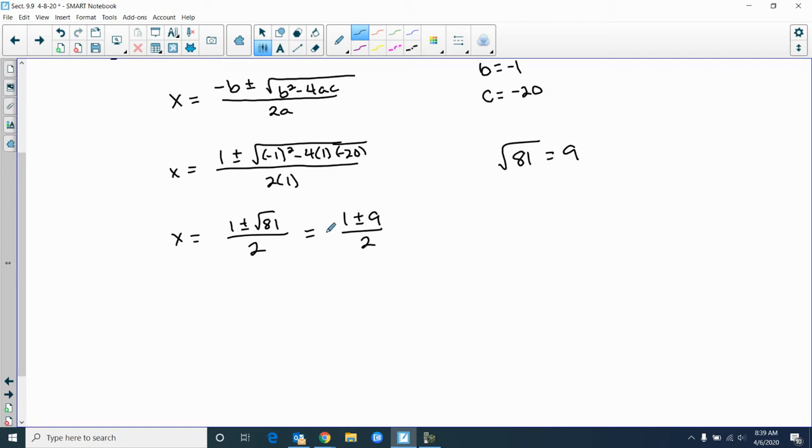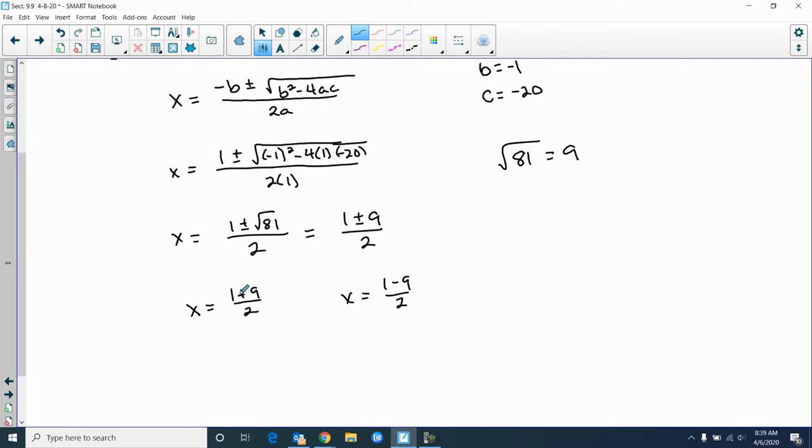So I can finish this. This is pretty similar to what we did with completing the square. You've got two cases. The first case is 1 plus 9 divided by 2, and the second case is 1 minus 9 divided by 2.